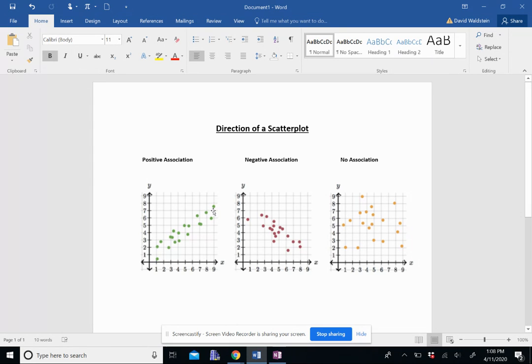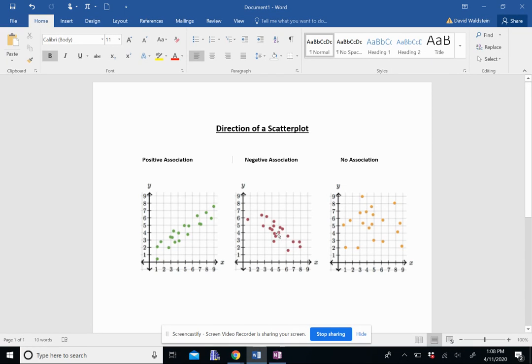Over here, as x is increasing, our y is decreasing.